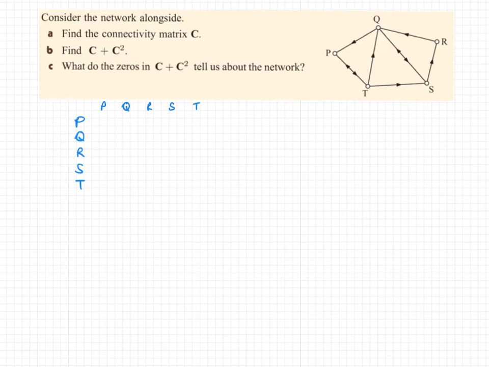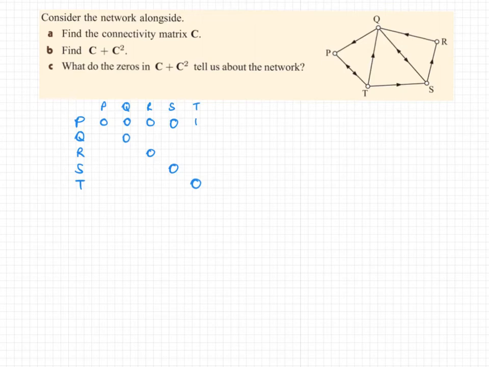So our connectivity matrix, if we're looking from P to Q, there's no directed edge there, so that'll be a 0. We can see there's no loops in our work, so that diagonal is also 0. Alright, if we go from P to R, there's no connection there either. P to S, there's still 0. And then we can see a connection from P to T, so that's our 1.